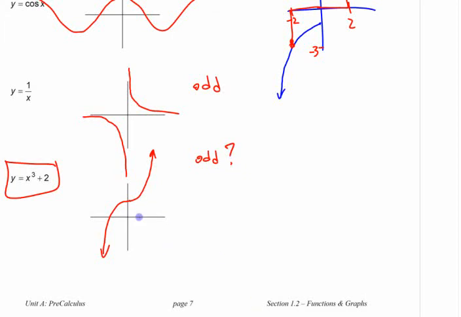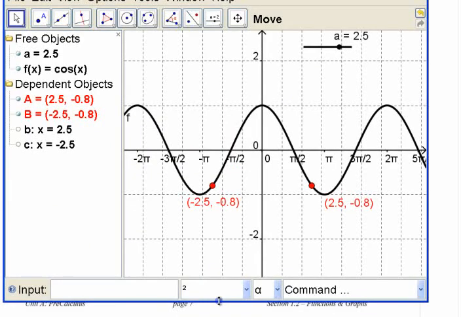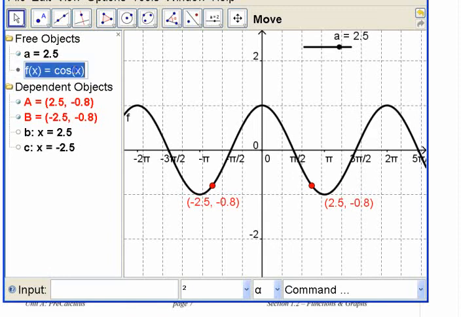No, it's not, right? Because let's use the technology instead. If you put in x cubed plus 2 here instead of that cosine, x cubed, power of 3, plus 2.